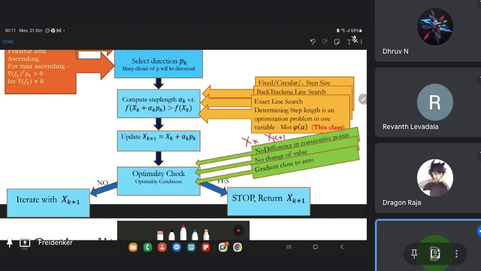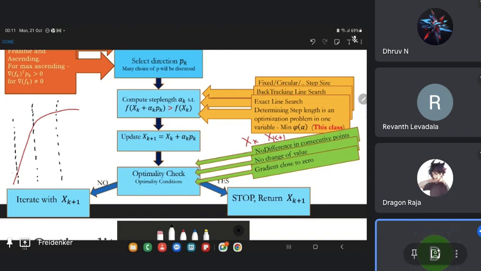If xk and xk plus 1 are very close, then probably we have maximized near xk. For example, let's say you have some graph like this. You start here and go to another point, and then you go on with equal step lengths.